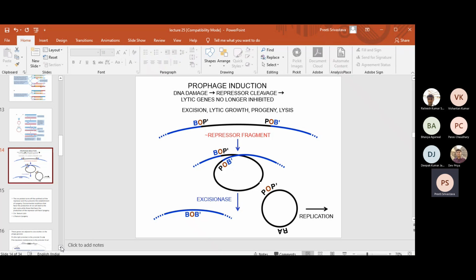With the advancement of recombinant DNA technology, you can clone the LAMB gene and express the LAMB receptor in, for example, Vibrio cholerae. You can create a genome which has an att site like this. So this can be artificially done and then you can transfer the genes. This is artificially possible, but naturally it is only E. coli.